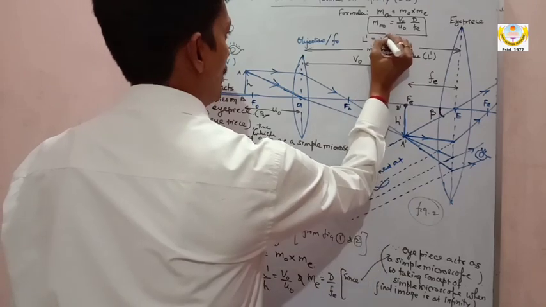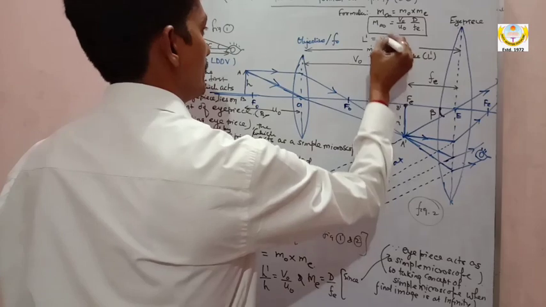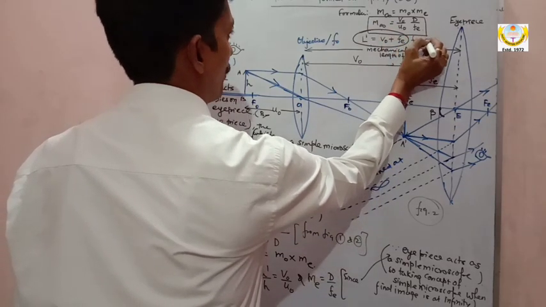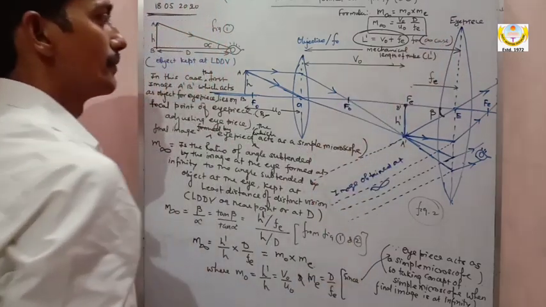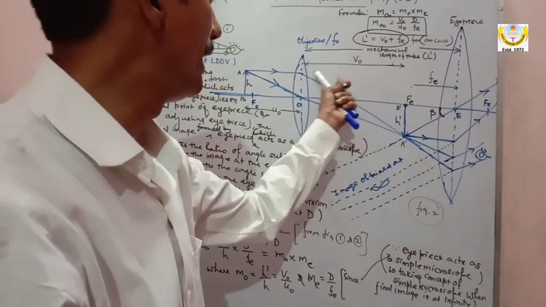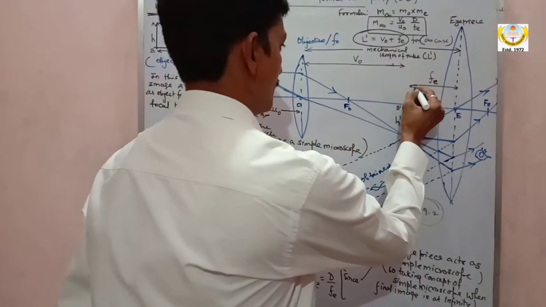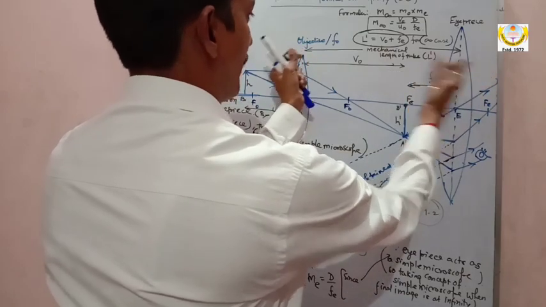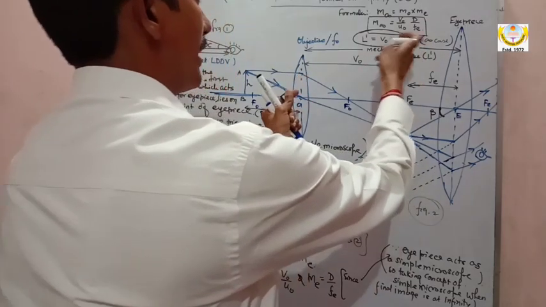For infinity, it is VO plus Fe. This is the mechanical length of the tube for the infinity case. VO plus Fe will give the distance between the objective and eyepiece, and that is the mechanical length. Take care.